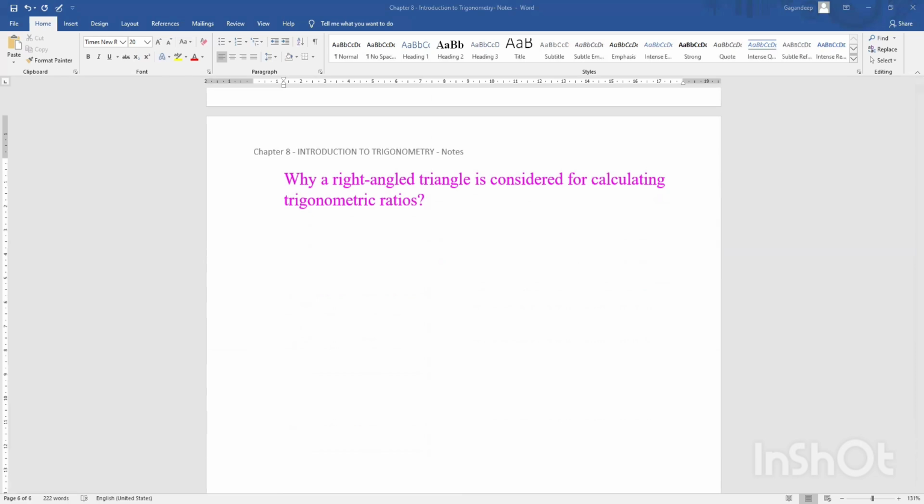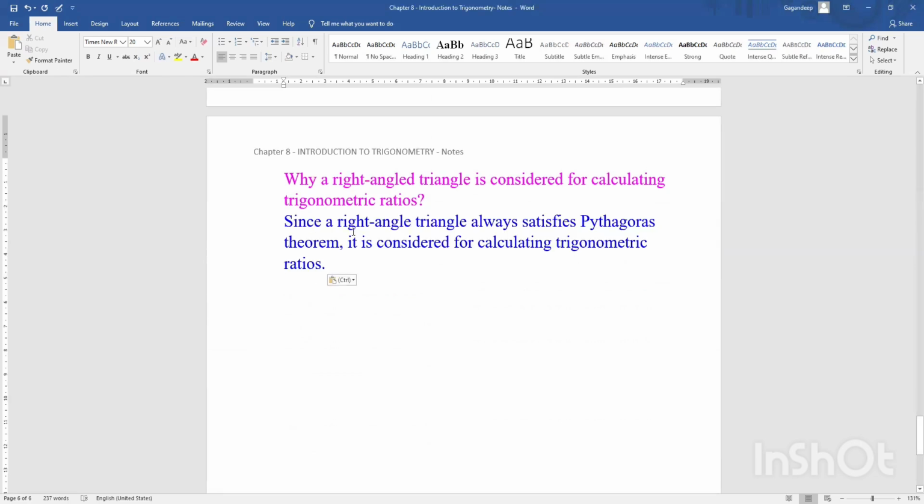So there's one special quality of a right angle triangle. Since a right angle triangle always satisfies the Pythagoras theorem, it is considered for calculating trigonometric ratios. Okay, so that is one beauty of this particular triangle. So what is this Pythagoras theorem? That we are going to study in our next question.